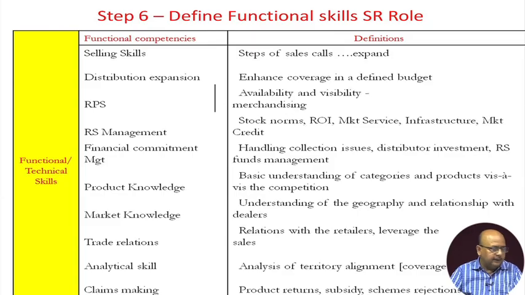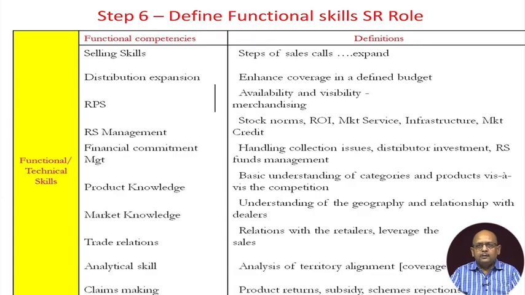If you look at these skills or other skills, once these skills are identified, you are going to define each of these skills. Because unless you have a description, you will not be able to define the level of this skill that would be required by the individual to perform their job effectively. So, you have to identify what you mean by selling skills. Okay. You have to be very clear about it.